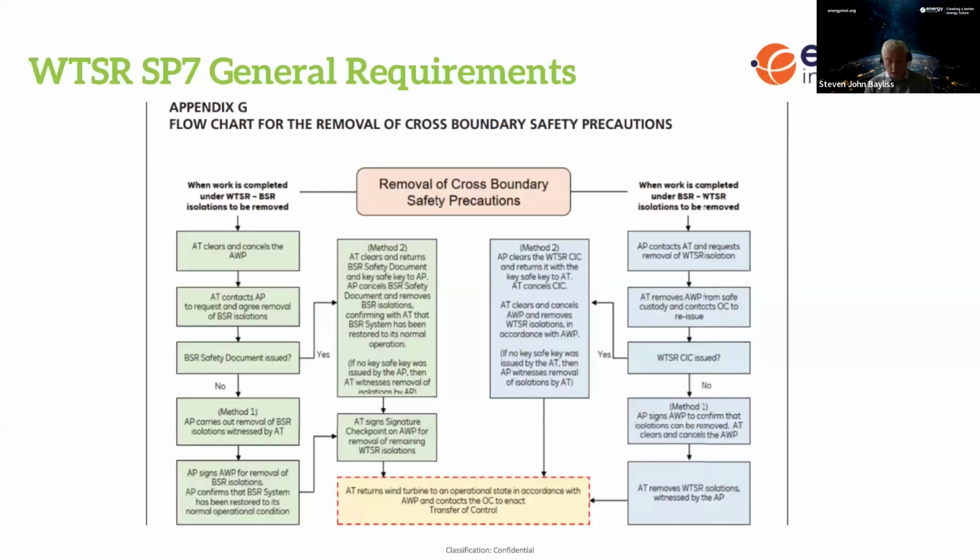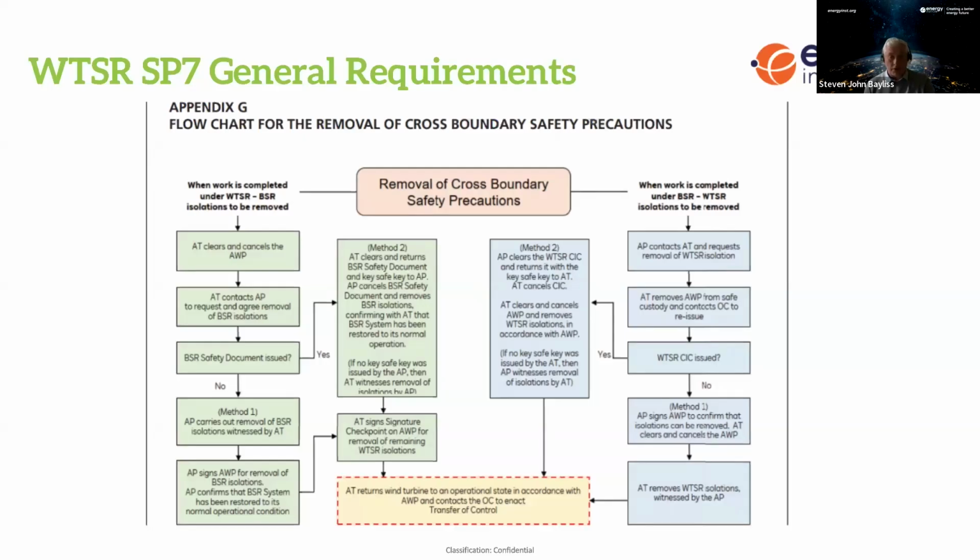Then the AT signs the signature checkpoints on the AWP for removal of the remaining isolations. And then the AT returns the wind turbine to its normal operational state. So that would be, going back to the top of that flow chart, when work is completed on the WTSR and the boundary safety rules isolations are to be removed.